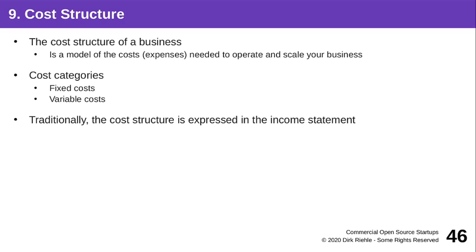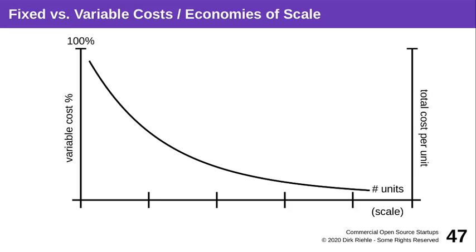That difference, that delta, is the variable costs of your business. And you typically find that in the income statement, where closer to the revenues are the variable costs, and further down are the fixed costs of your business.